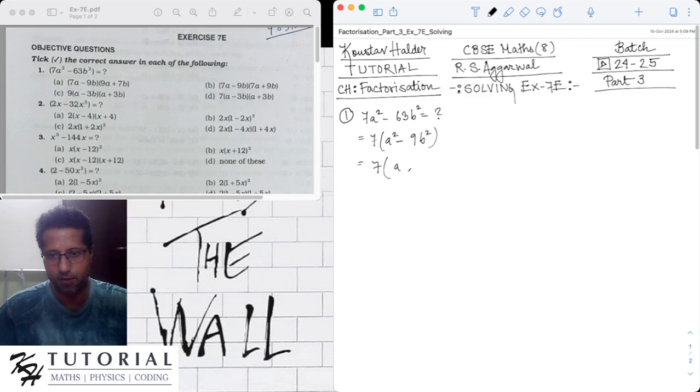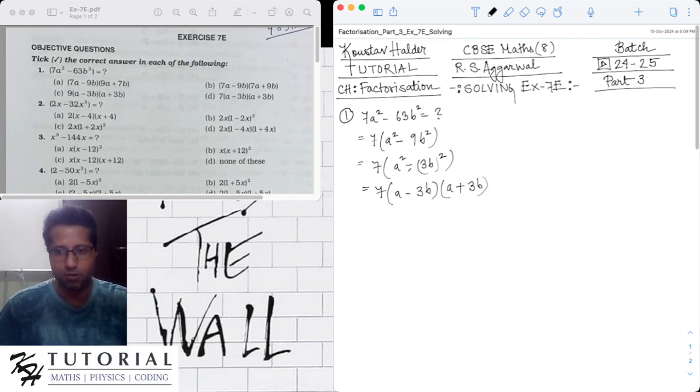We know that a square is a square and 9b square is the square of 3b. So now I have the form a square minus b square, and I can factorize it as a minus 3b multiplied by a plus 3b. So this is the factorization of the given polynomial.